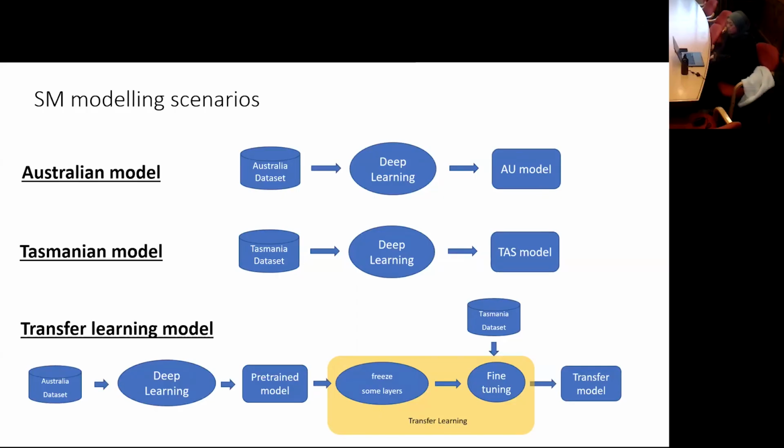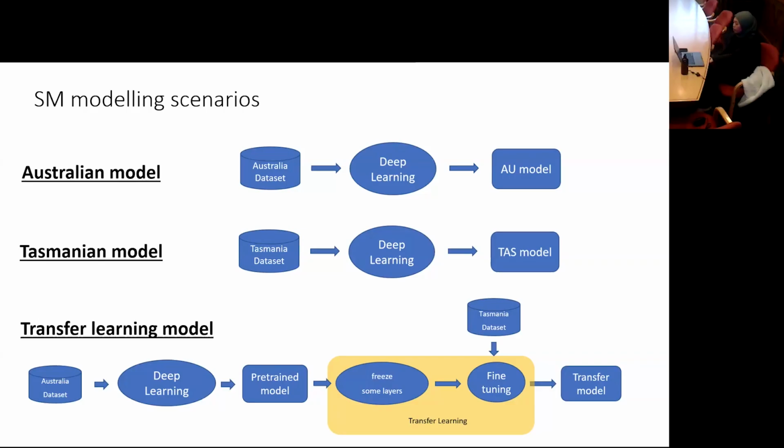So here I have a summary of the modeling scenarios that we did. The first one is the Australian model, where we only use the Australian dataset and employ it in the deep learning model. Then we have the Tasmanian model, which only uses the Tasmanian dataset.